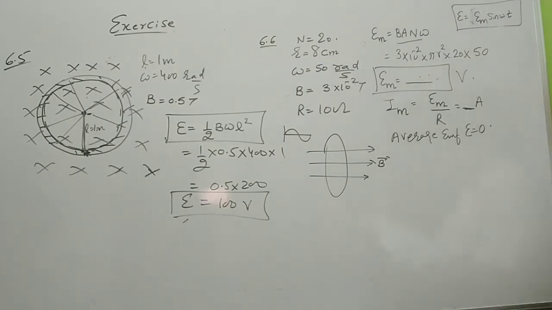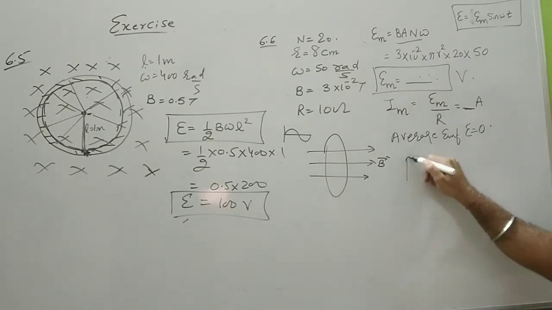Now we have to find out what is the average power loss due to Joule heating effect. Where does this power come from? Now average power induced is not equal to 0. So again we will see the average power formula.